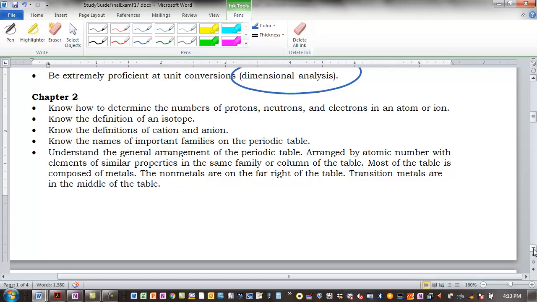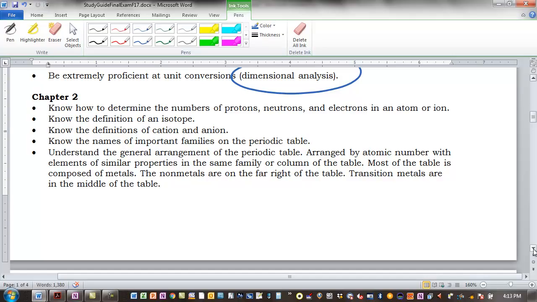So they don't really spend much time on those early experiments. So there are no questions on the early experiments on the final, since it is a common final. But you guys remember those, right? You remember the cathode ray tube experiment, Millikan's oil drop experiment, Rutherford's alpha particle scattering experiment. Those are all really cool experiments. But what those allowed us to do was figure out atomic structure.